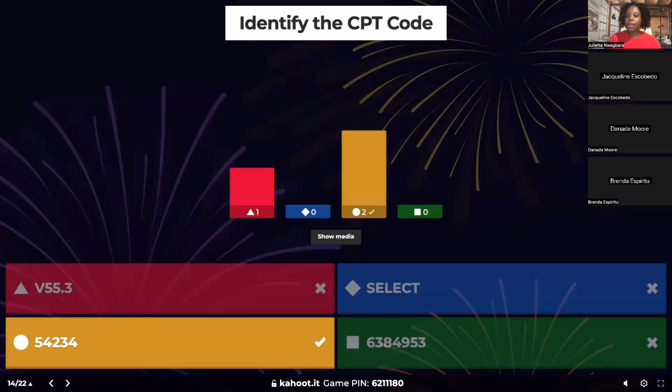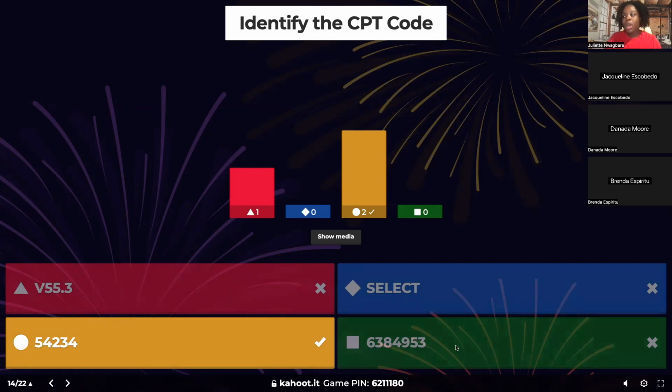All right. So number one, V55.3, that's actually an ICD-10 code. The select was a SQL command. This was the answer because all CPT codes are made up of 5 numeric numbers.